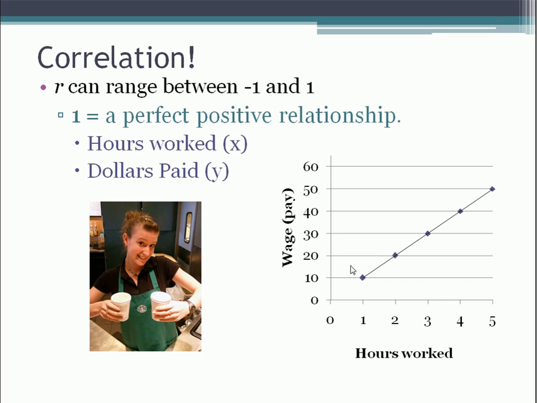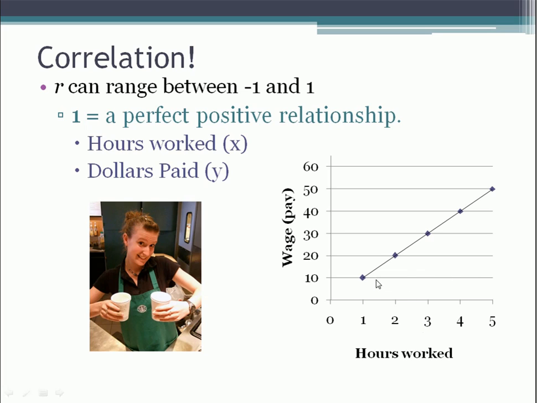You can think about this kind of like a percentage, right? So the only thing that determines how much you get paid is how many hours you worked, right? Nothing else influences how much you get paid other than the hours that you worked. And that makes this a perfect relationship. All of the variability in your pay is directly related to how many hours you work and nothing else. Okay.